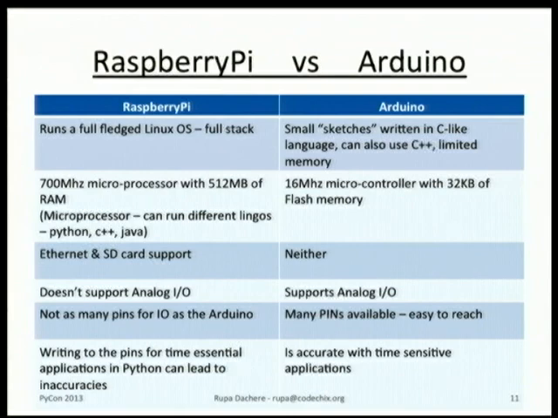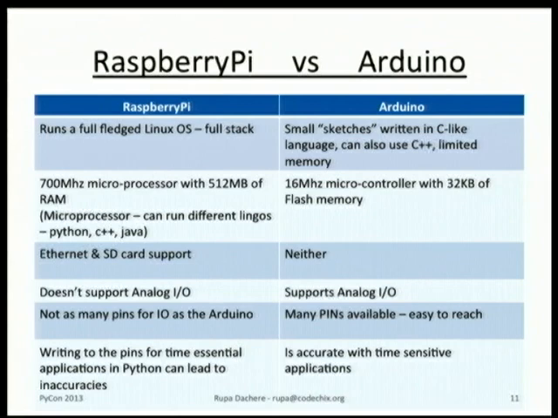On the Arduino, it supports analog I/O, which the Raspberry Pi does not. And the Arduino also has a lot of pins, and they're easy to reach. The Raspberry Pi has some pins, and at times if I have the cover on it, it's really hard to get to.